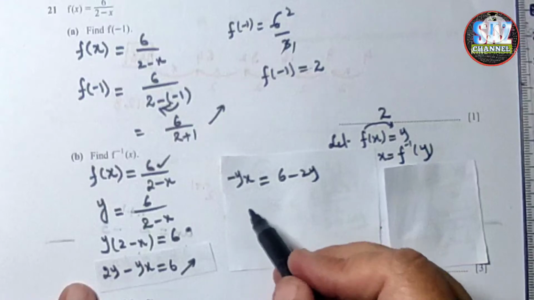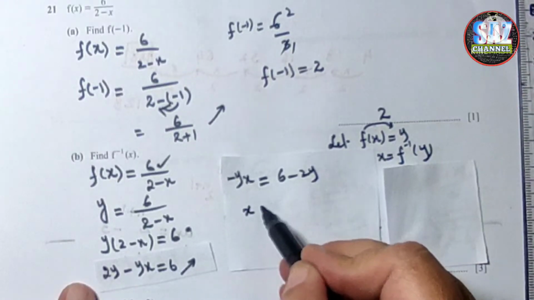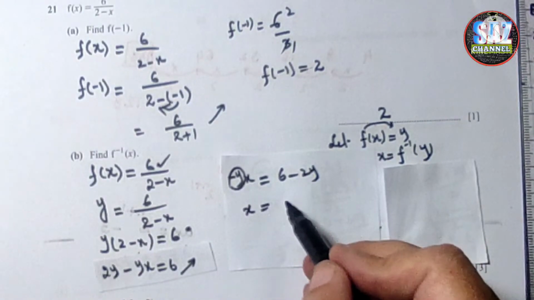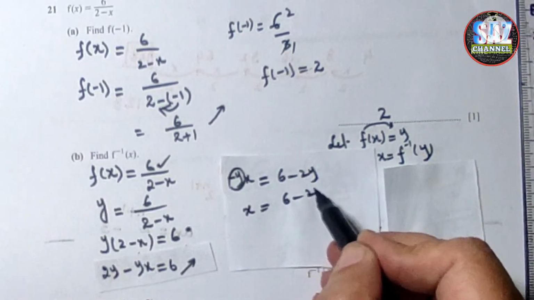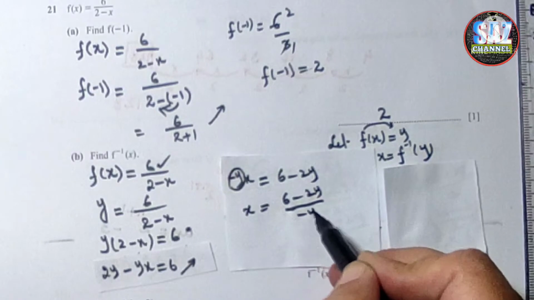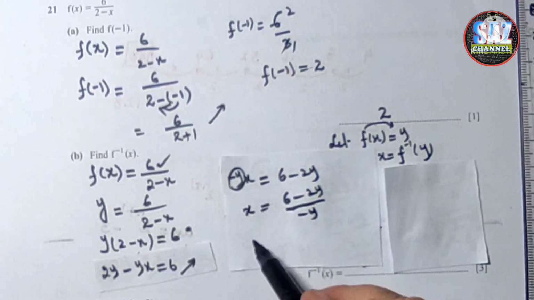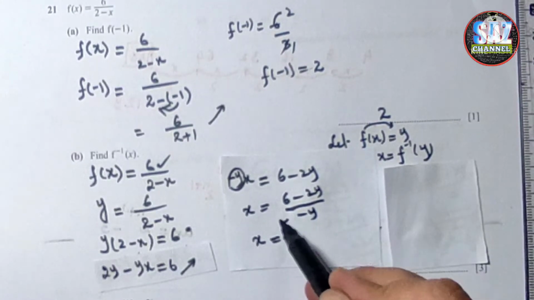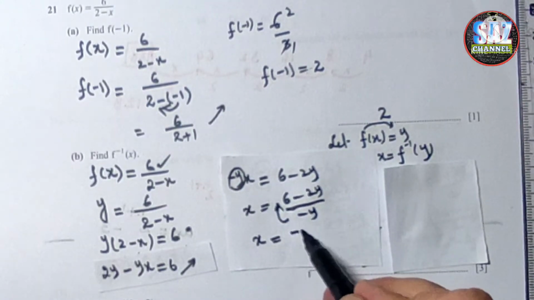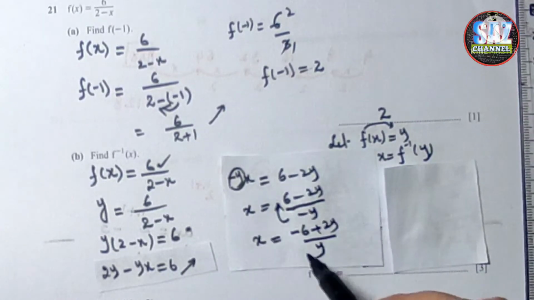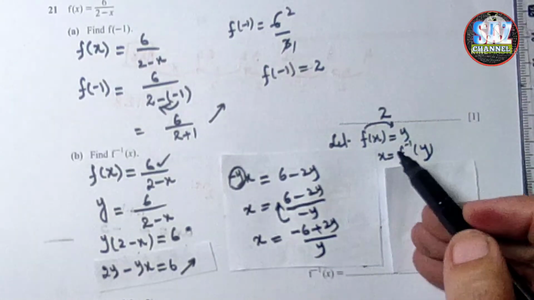I need to make x the subject, so we shift this minus y to the other side, and the equation will take the form 6 minus 2y over minus y. We never leave a minus sign with the denominator, so we apply it on the numerator. It will take the form minus 6 plus 2y over y.